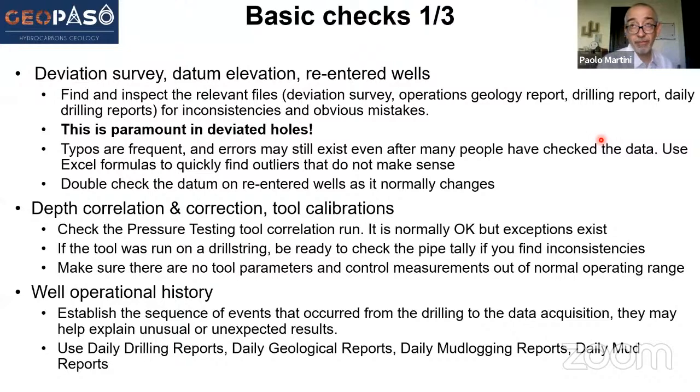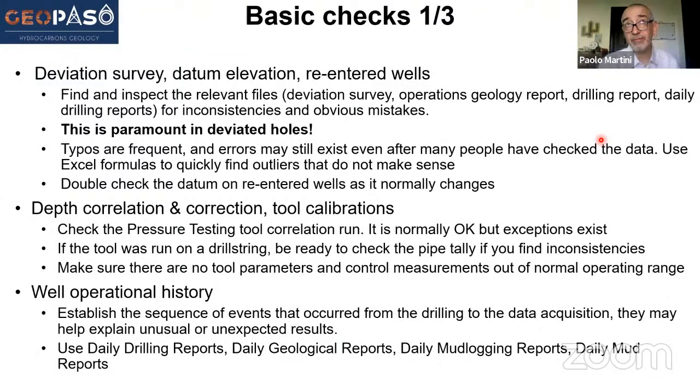If the tool was run on a drill string, of course, it's always good to check the pipe tally if you find inconsistencies in the depths. And of course, the tool calibrations. So check the tool calibrations and parameters to make sure that the tool was prepared for the job in advance.